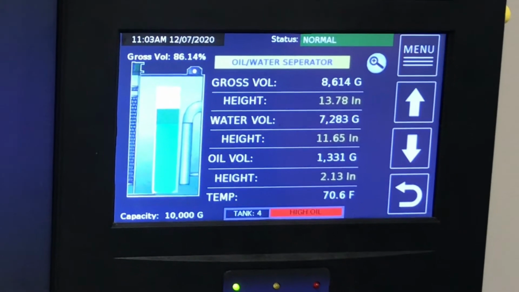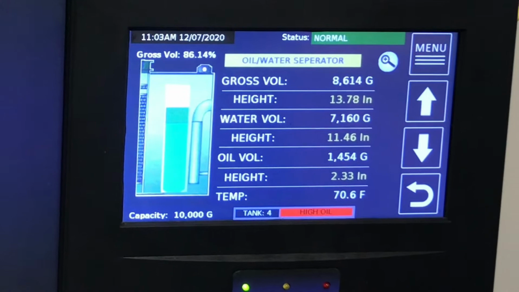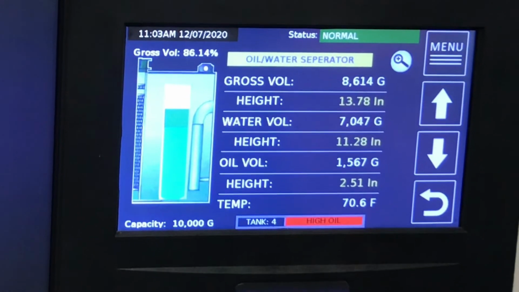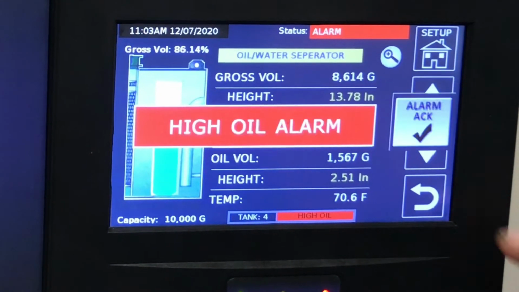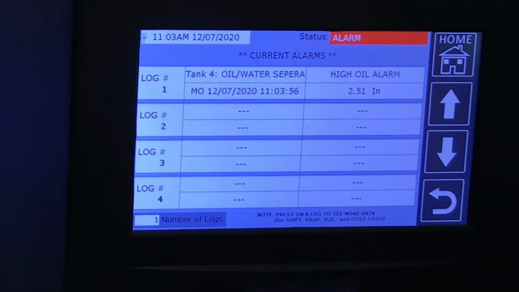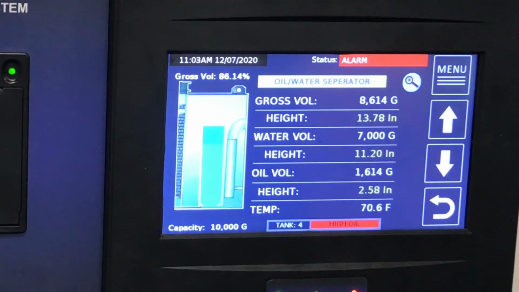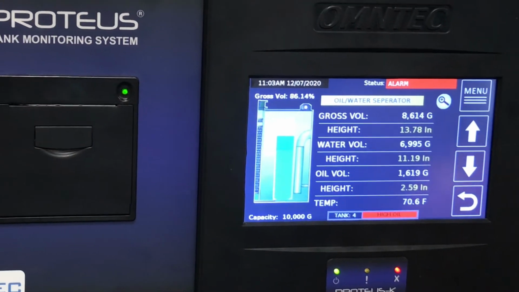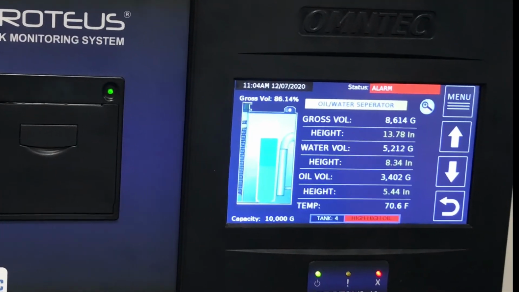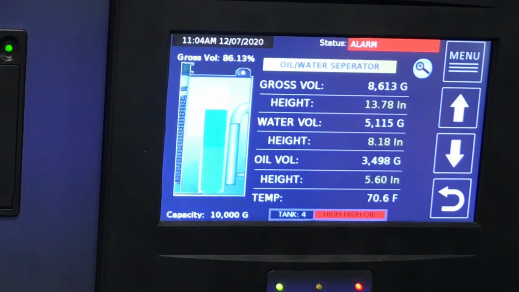And once that oil reaches your high oil point, you will trigger an alarm. If that oil level continues to increase, you will get the high oil alarm.